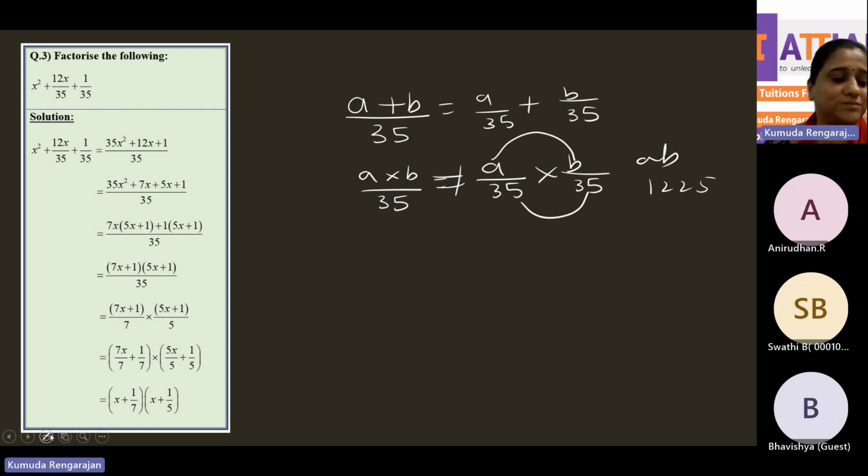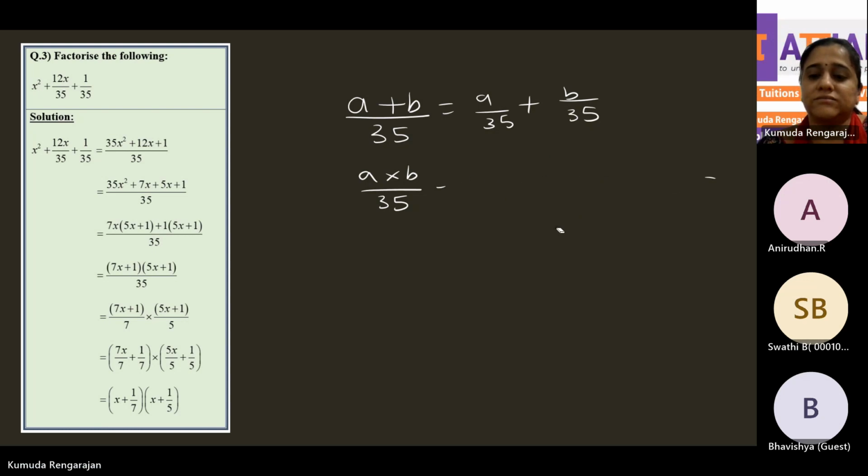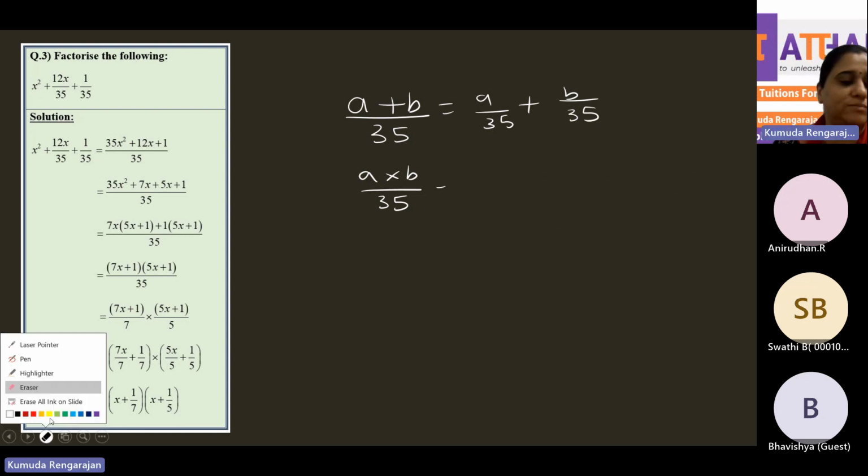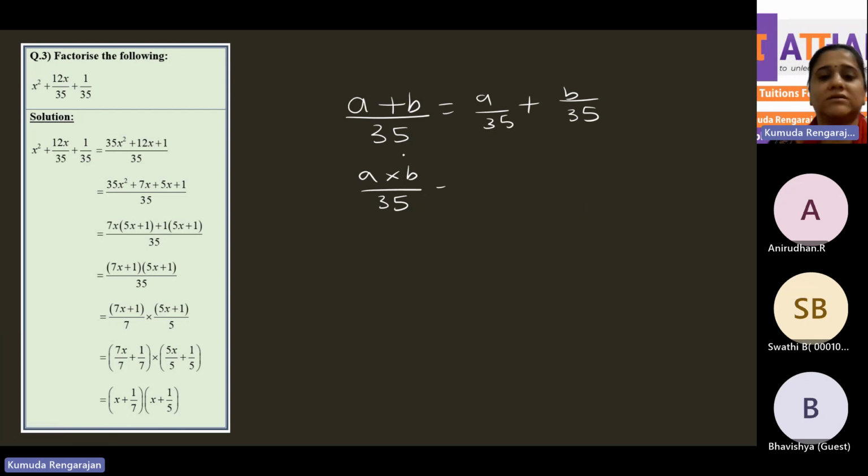It's a different value. When it is plus or minus, it can be written as A by 35 plus or minus B by 35. But when it's multiplication, this can be written as A by 7 or 5, whatever you want.